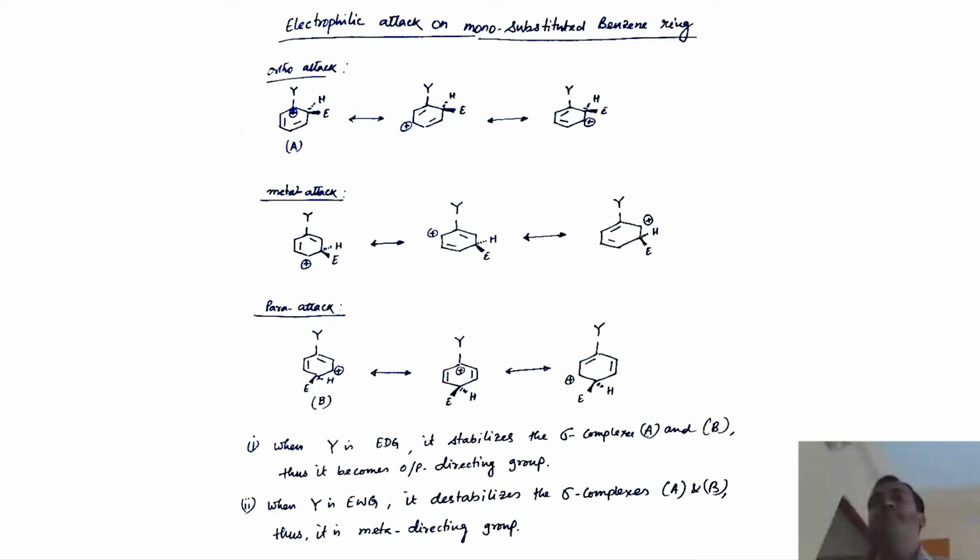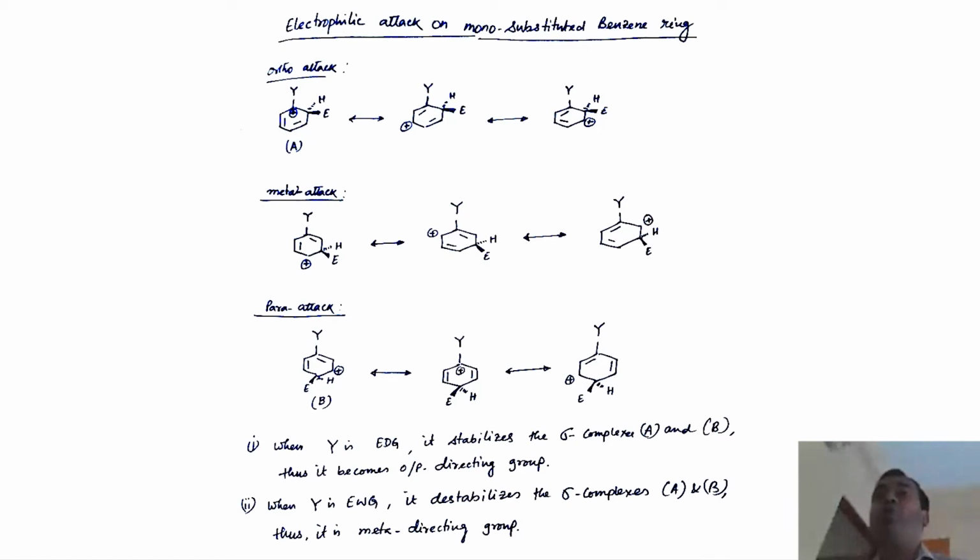Okay. Now, what will be the factor to decide that? The factor deciding that is the electron donating or withdrawing power, I mean the electron richness in the benzene ring. So if the Y is an electron donating group, it gives electron density to this aromatic ring. So this aromatic system becomes electronically richer than the benzene ring.